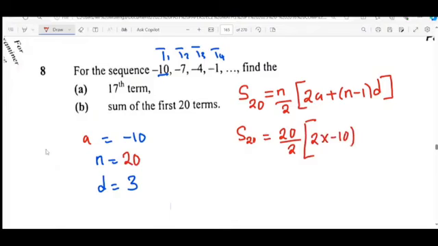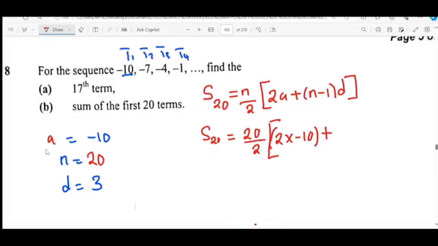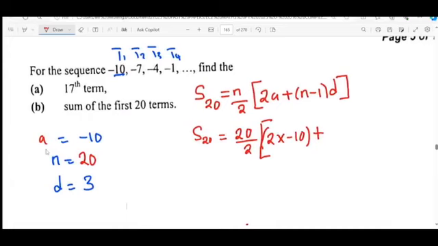It's -10, we can put it in brackets. Then plus, open bracket, where there is n we put 20 minus 1, times the common difference, which is 3. I hope that you are moving together.